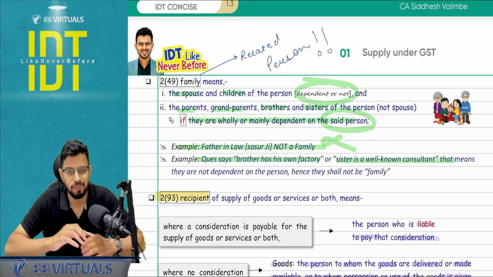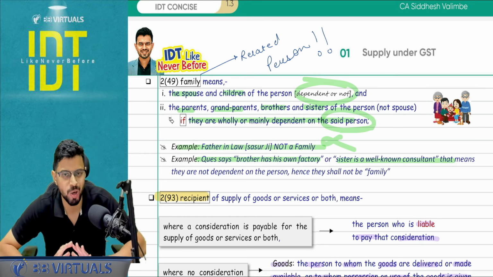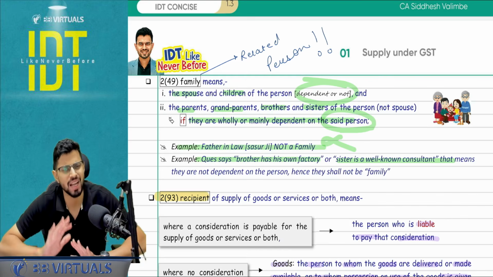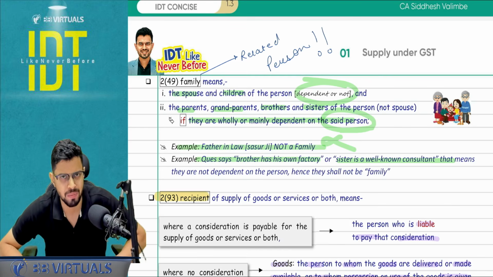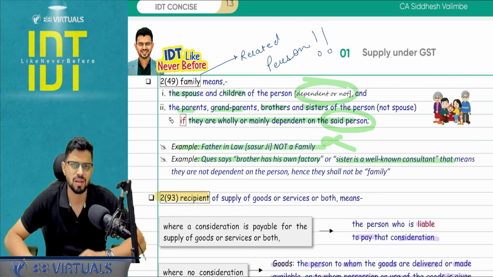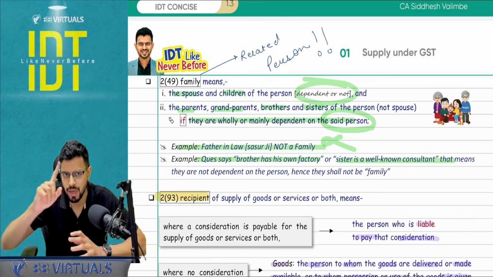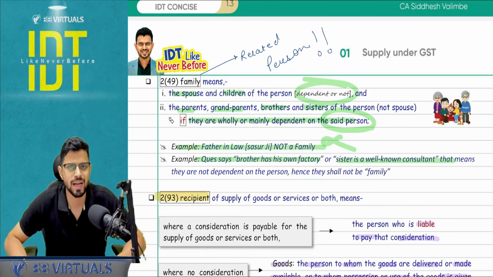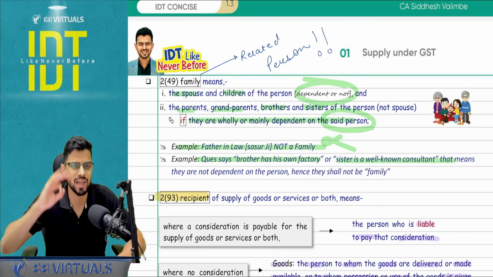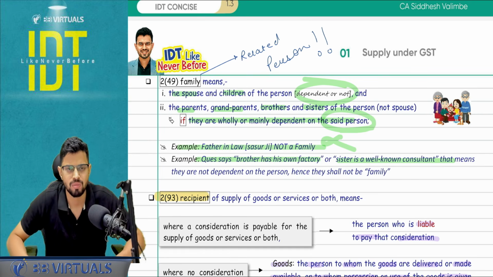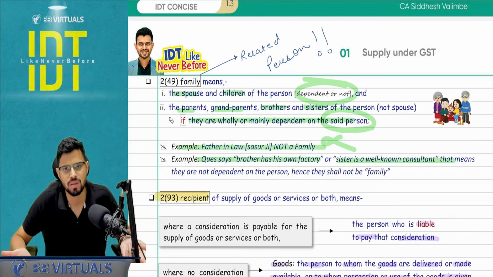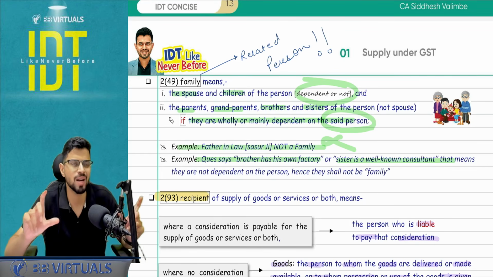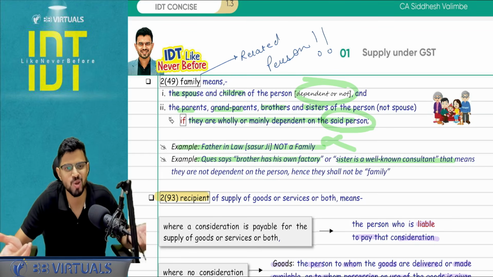What about step relations? See, GST law does not go into that much detail. In general understanding, we can consider step brother, step children, everything as a part of my family. The morning batch, Hindi batch students, they are a little more naughty. They ask, sir, what if a person has married thrice? It's fine, three spouses. Technically, we will see legally who is your spouse right now.